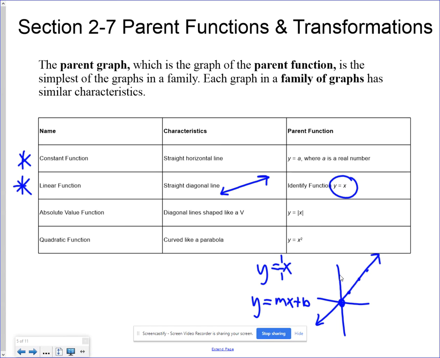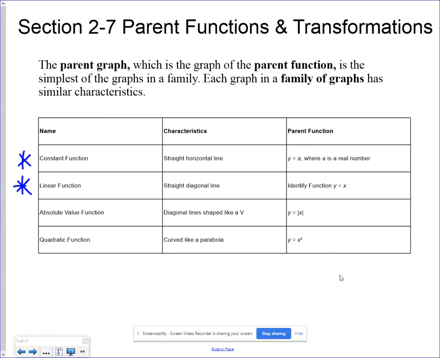Next one I want to look at is the absolute value function. We just learned how to graph absolute value equations. Remember, all the ones that we graphed were V shapes. The most basic one of this family is y equals the absolute value of x.